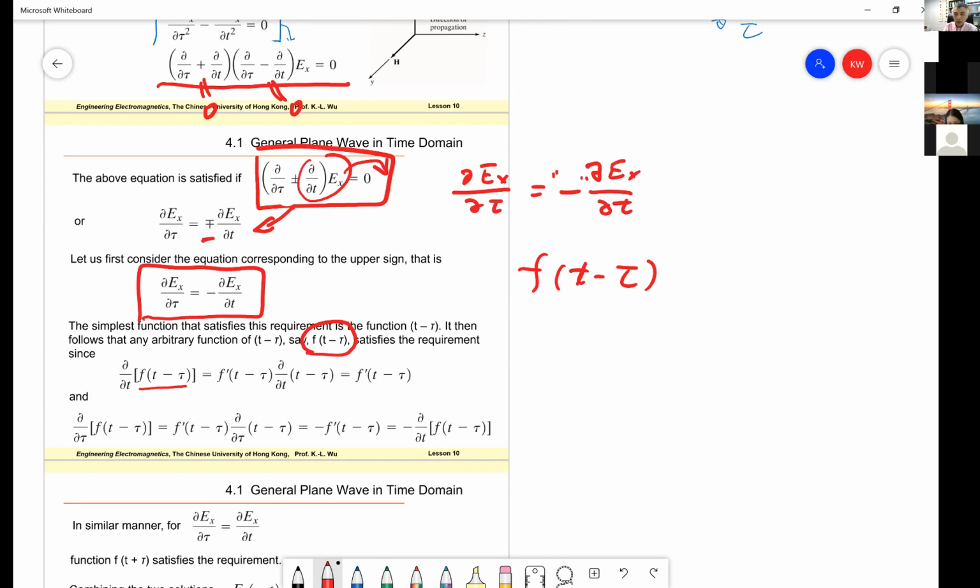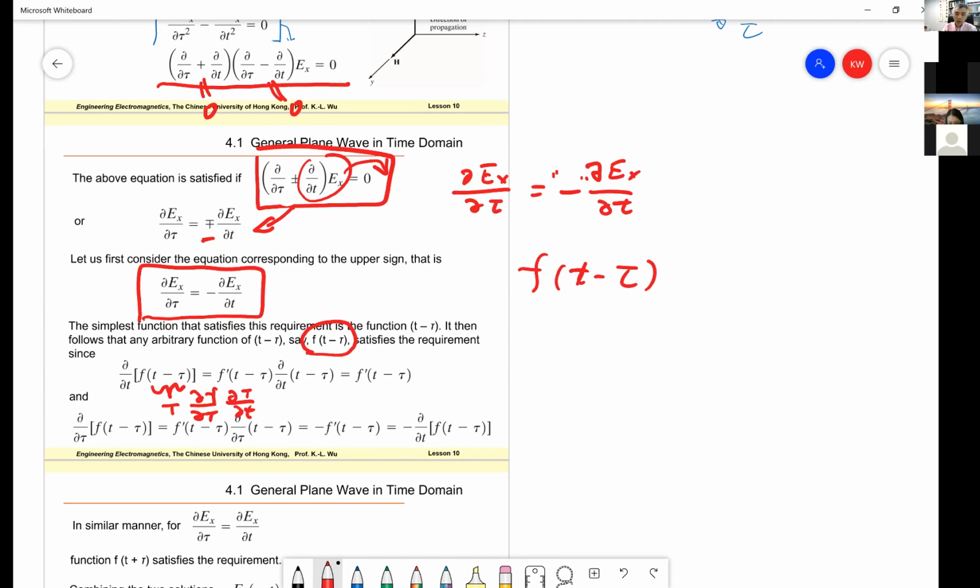We take a derivative with respect to time. So I first consider this like capital T, right? So I have to do partial f, partial t, then partial capital T, partial small t.